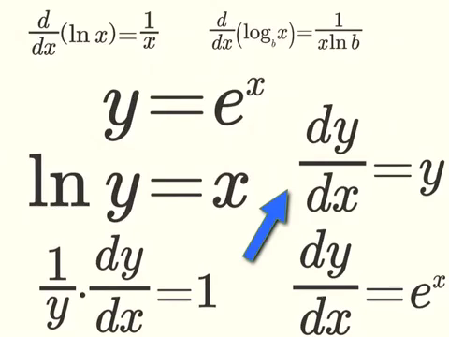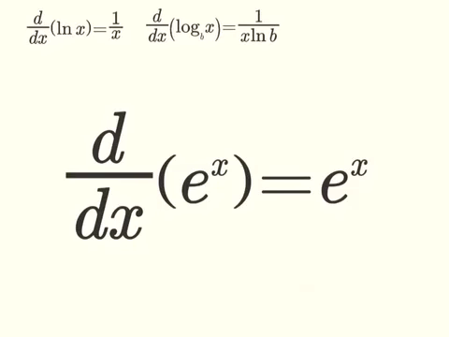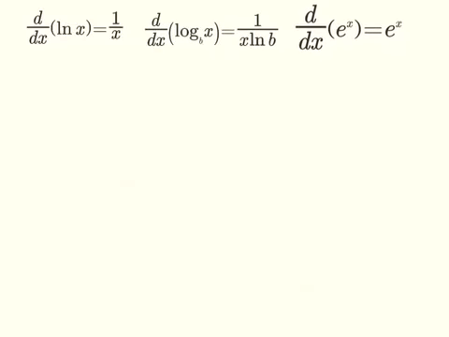And this is a pretty amazing thing, that the derivative of e to the x, if y equals e to the x, its derivative is the same thing. The derivative of e to the x is e to the x. And now we can add that to our list up here of the three derivatives that we now know.